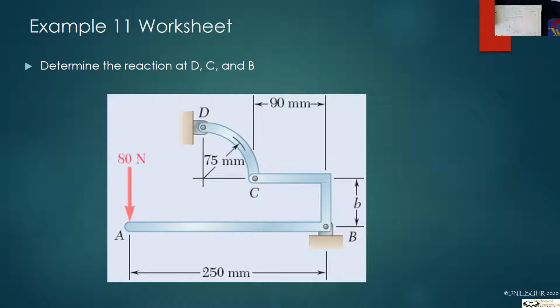It's connected at D, it's connected at C. So when we're asked to find the reaction at D and C, we know that the magnitude of those are going to be exactly the same because the force is connected between D and C. So that lets us know at C where the force is going. It's essentially going up to the right at a 45-degree angle, and we know that because of the quarter circle.